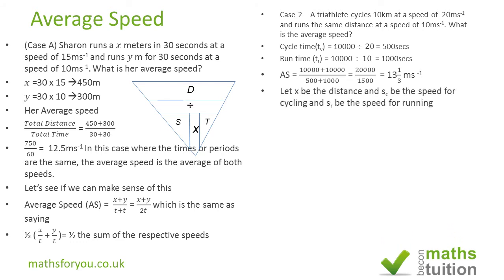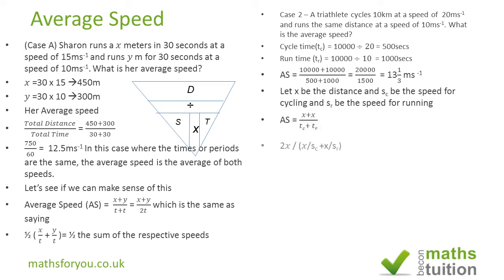Now, let's see if we can derive this. The distance is X, the speed for cycling is SC, and the speed for running is SR. What we've now got is the total distance, which is X plus X, divided by the total time, which is TC plus TR.